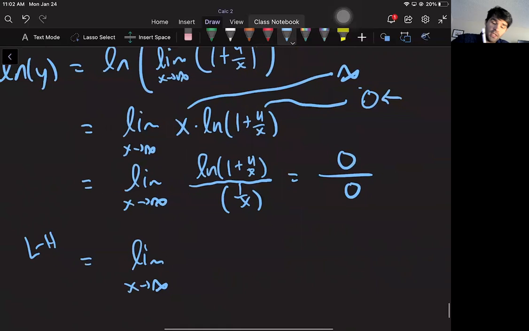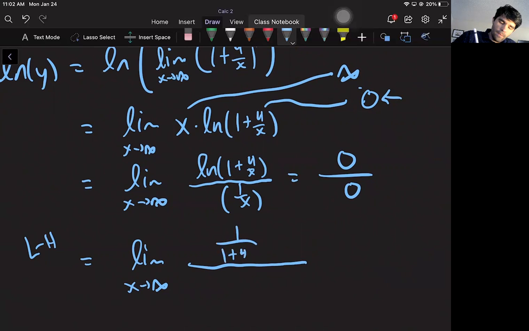You need to take the derivatives independently. Derivative of ln of something is 1 over that something times the derivative of the inside. The derivative of 4 over x is negative 4 over x squared. And the derivative of 1 over x is negative 1 over x squared.